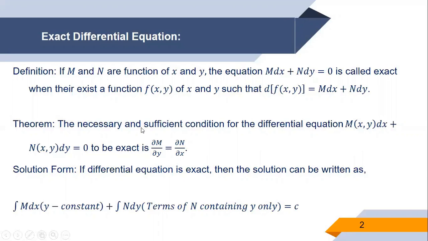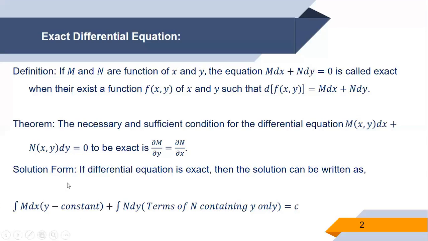If the equation M dx plus N dy is equal to 0 is exact, then the solution can be written as integration of M dx, where we consider y constant, plus integration of N dy, where only the terms of N containing y only are integrated, is equal to c.